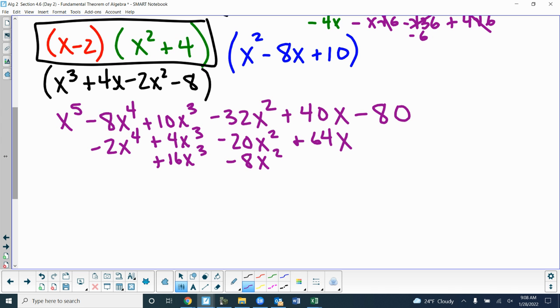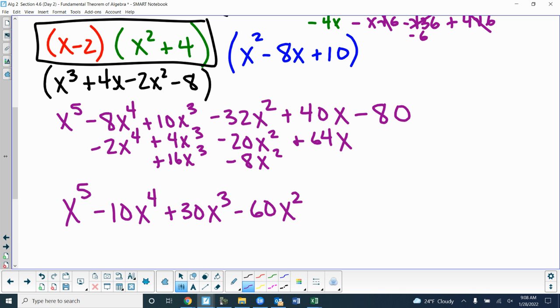So our final answer is x to the fifth, which we were expecting because we had 5 zeros, right? Negative 8 and negative 2 is negative 10 x to the fourth. 10 plus 20 is 30 x to the third. 32 and 8 is 40 and 20 is 60. And 104.